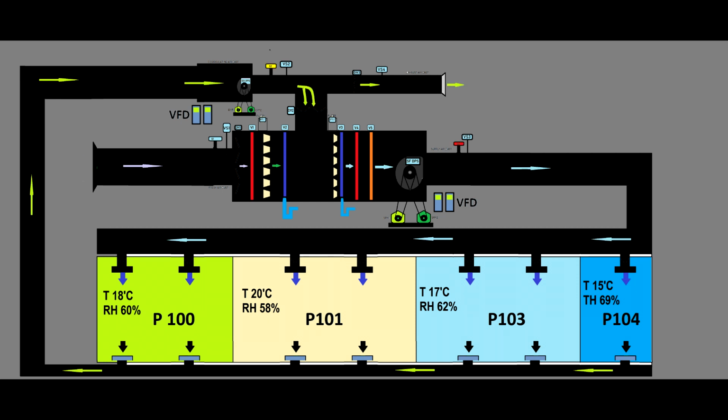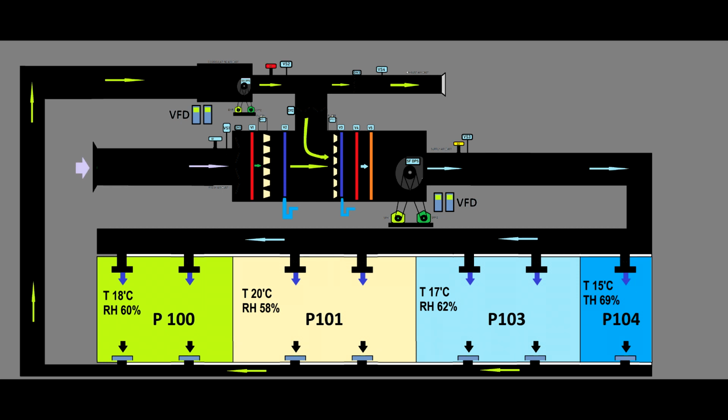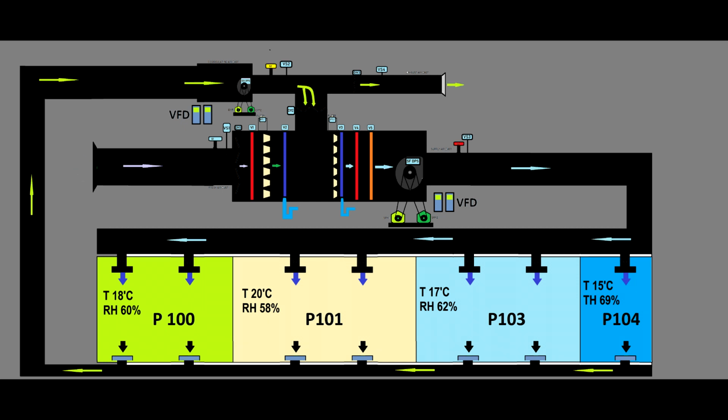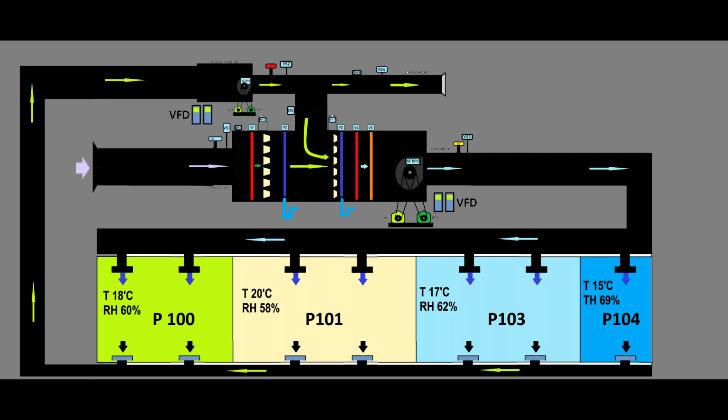Each of these rooms uses a different temperature, and they have to have the same relative humidity between 40% and 60%. Now, probably in the beginning, these rooms were perfectly calculated with a heat load to match the airflow, and the system works well.